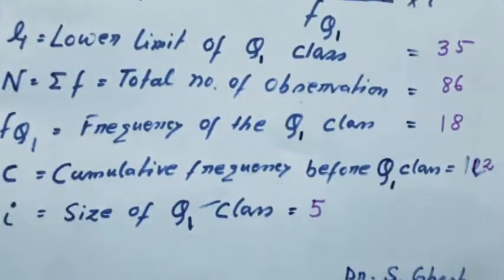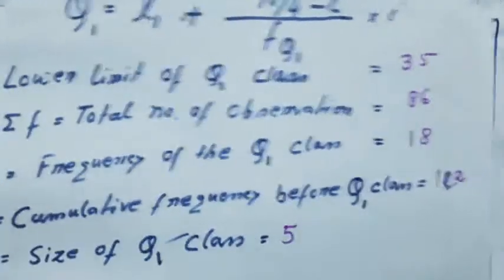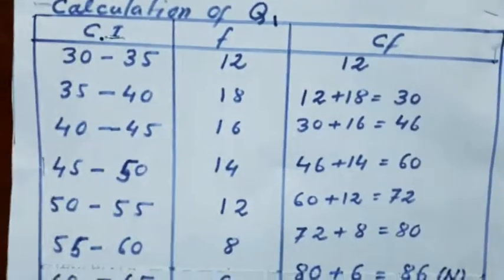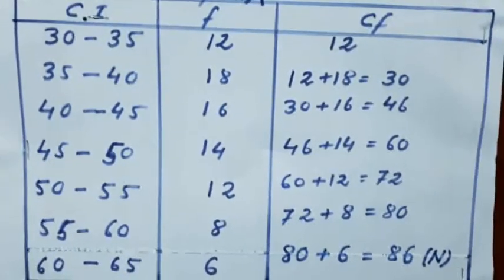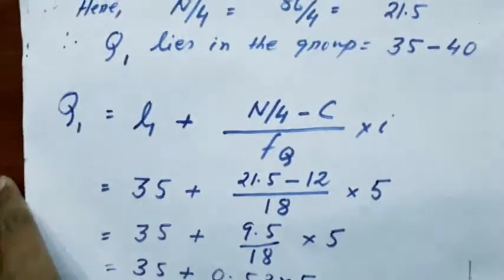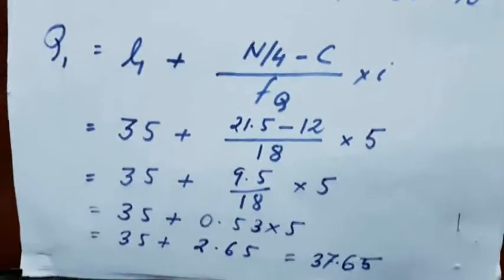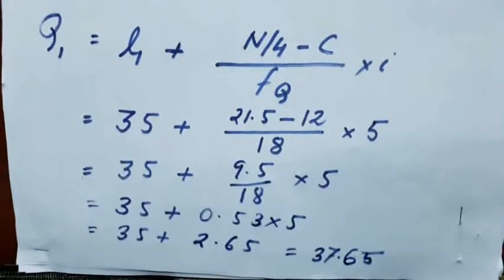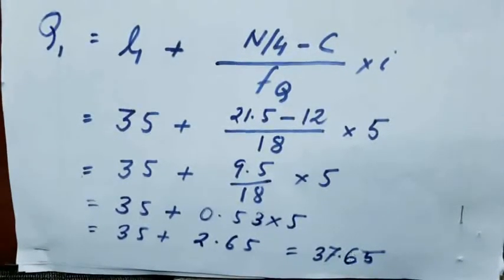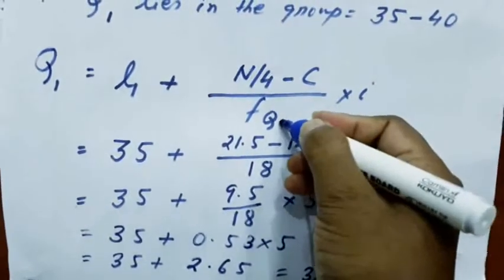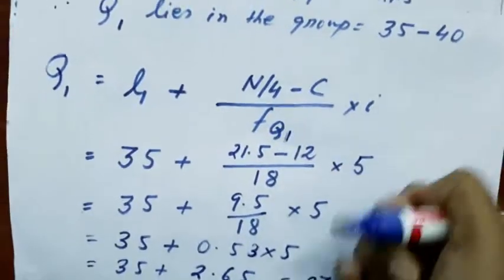Now we will put these values in the formula: L1 plus n by 4 minus C into I by FQ1.